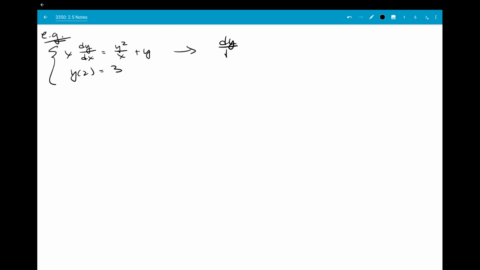But if we isolate the dy/dx, which will help us see better if the substitution is going to work, then we end up with y squared over x squared plus y over x. So again, it looks like the substitution of y equal to ux is going to help us out here.